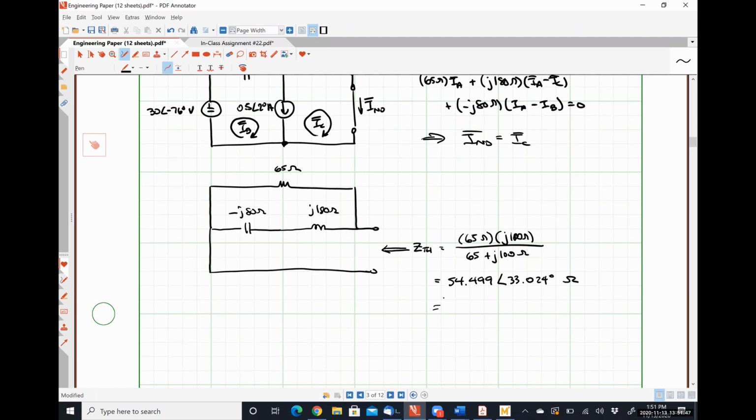So I'm going to convert that really quick. 45.694 plus j29.701.